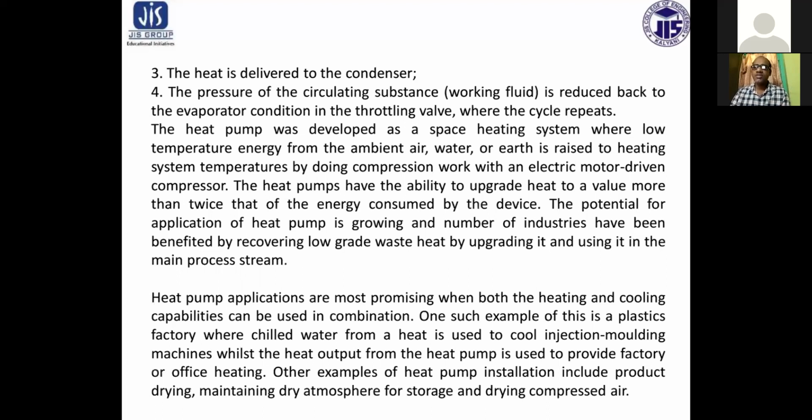One such example is a plastic factory, where chilled water from the heat pump is used to cool injection molding machines, while the heat output from the heat pump is used to provide factory or office heating. Other examples of heat pump installation include product drying, maintaining a dry atmosphere for storage, and drying compressed air.